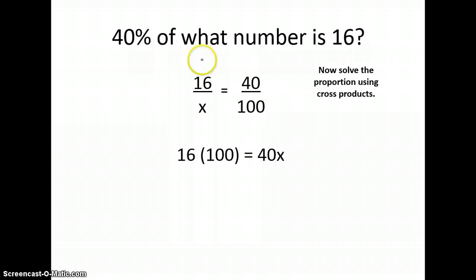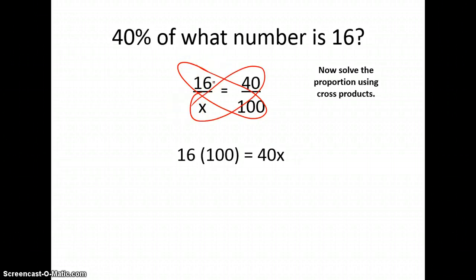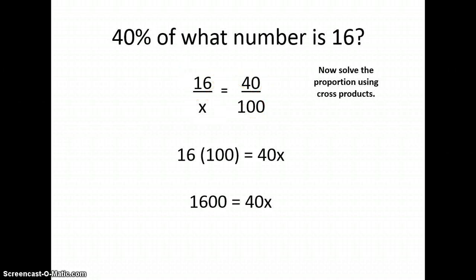I'll get 16 times 100 equals 40x. Then I simplify 16 times 100, and solve by dividing by 40 to get x equals 40. So 40% of what number is 16? 40% of 40 is 16.